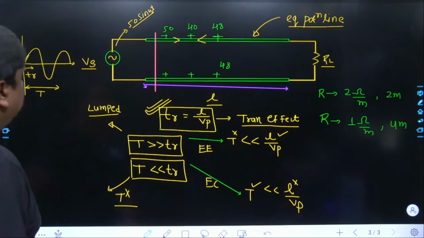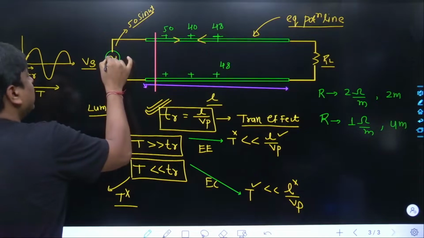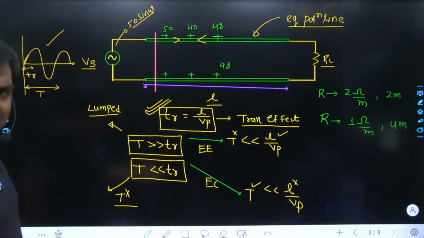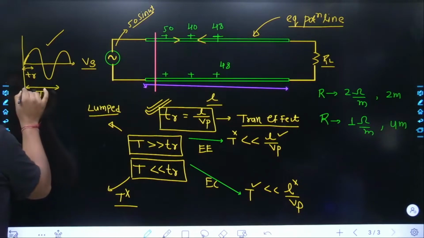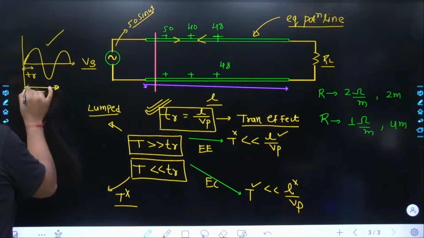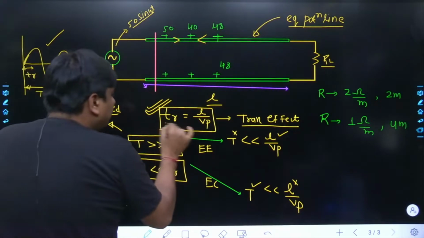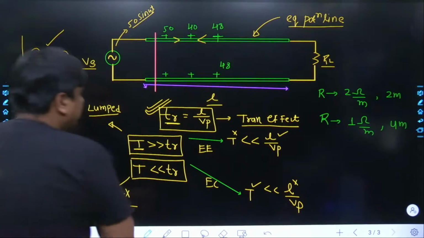See what happens. I take a time-varying signal. For the time being, I take a sinusoidal signal. A sinusoidal signal is a type of periodic signal, so obviously we are going to have its period as well, the time taken by the signal to start repeating itself. Let's take it as capital T. Now what we do is compare the transit time and the time period of the signal.